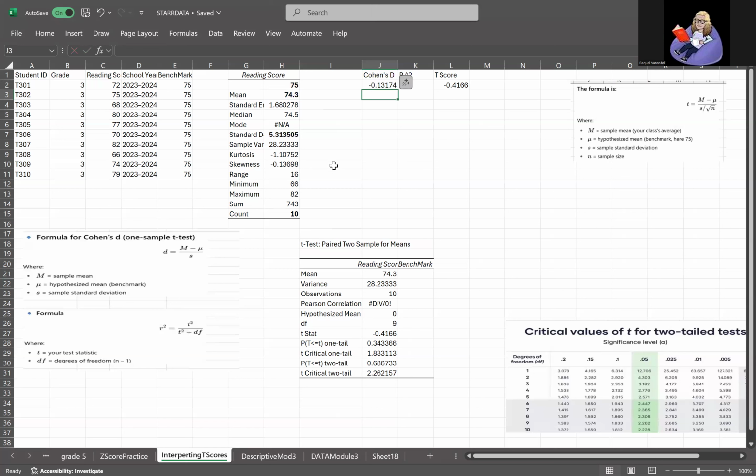And I get negative 0.131. Anything below 0.2 tells us that the difference is so small that it has no practical meaning. It supports the belief that the average scores and the district average have no significant difference. So it really just gives your initial evaluation credence that the scores do not differ significantly.